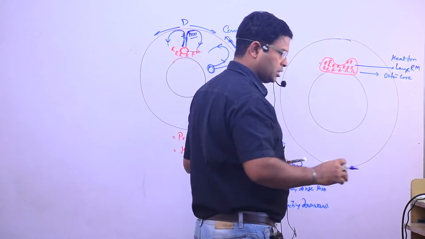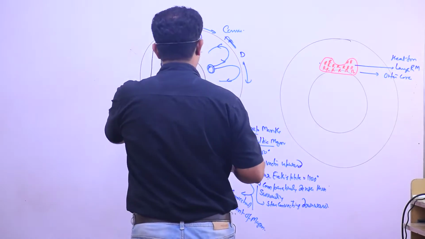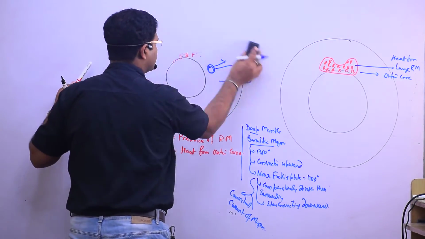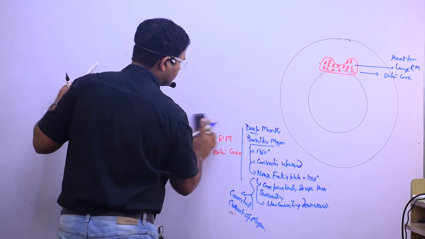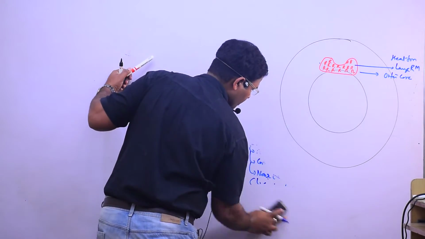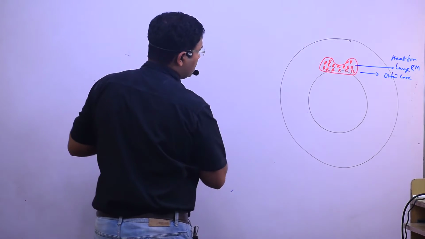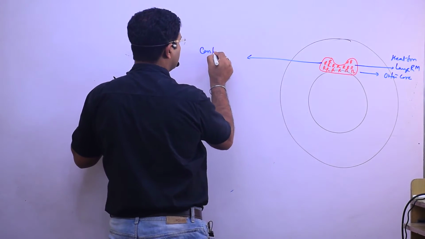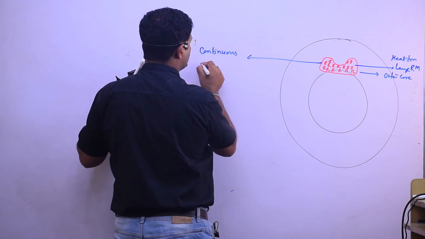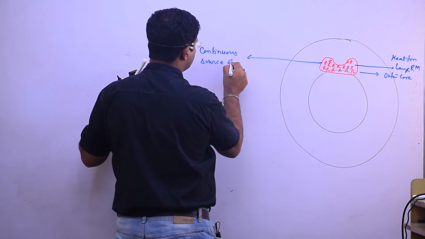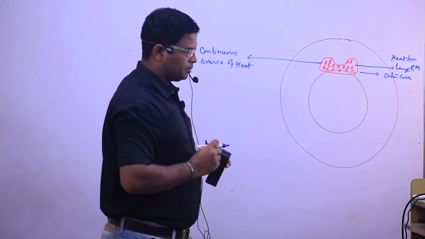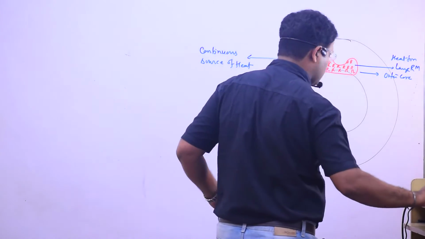It becomes what? Here this magma is diverging, but this magma, this heat, becomes a continuous source.